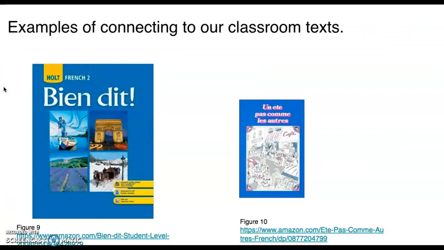So, examples of connecting to our classroom text. The two classroom texts we use in our French classroom, for example, are the Bien Dit level 2 textbook, and a short reader called Un n'était pas comme les autres. These two books are the primary texts that we use in French class. One of the great things about Bien Dit is that it's very pictorial.